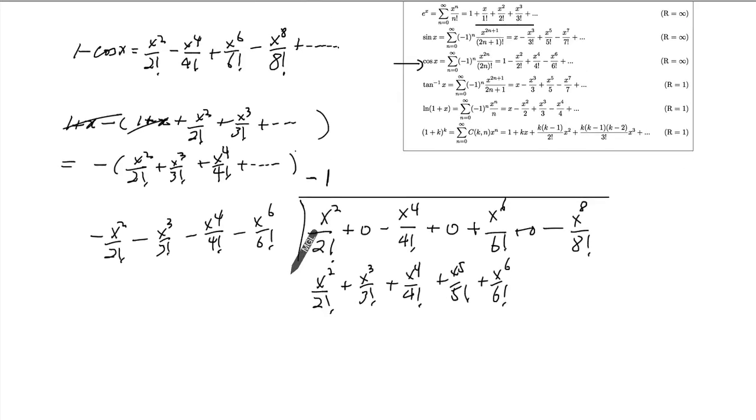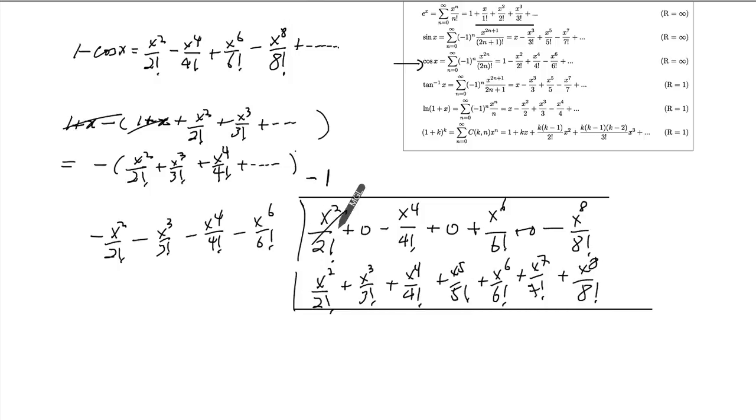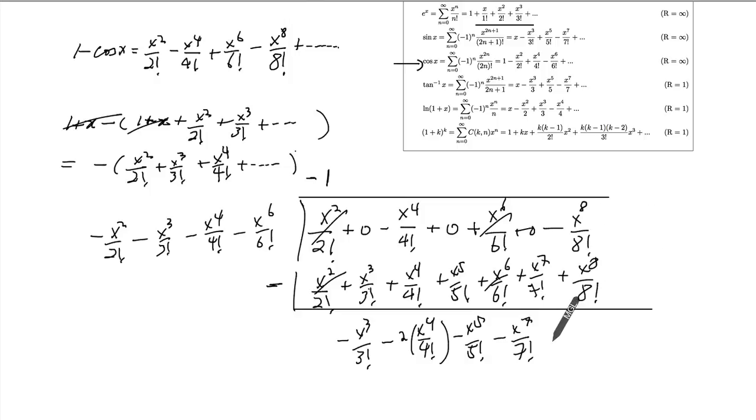Okay, so if you subtract this, that goes away. If you subtract, this will get minus x cubed over 3 factorial, right? This actually becomes minus 2 times x to the power of 4 over 4 factorial, right? Minus x to the power of 5 factorial. That will cancel out. Okay, minus x to the power of 7 factorial, and this will also double.